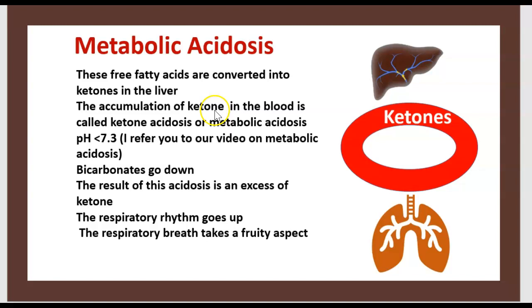The accumulation of ketone in the blood is called ketoacidosis or metabolic acidosis, with pH under 7.3. I refer you to our video on metabolic acidosis. And bicarbonate goes down.